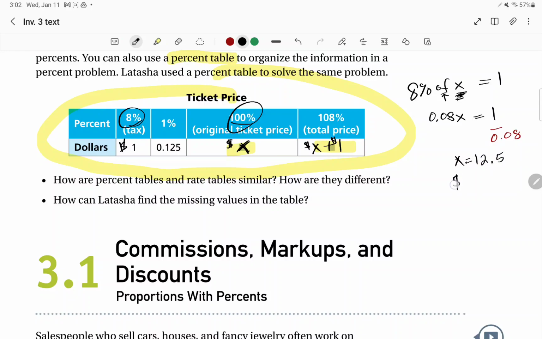That tells us that the original price for that ticket was $12.50. But since you are going to pay tax on top of that, you're going to add $1. So you paid $13.50 for that ticket.